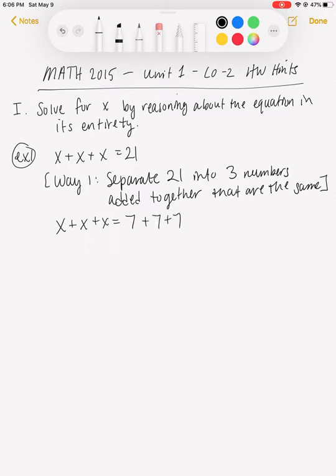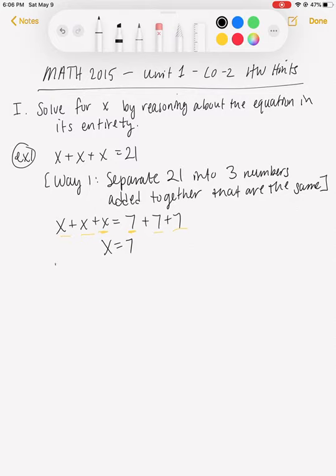So if we have 3 numbers added together make 21, or 3 numbers added together that are the same, then we can deduce that one case for this, like x, is going to be one case for that 7, because they're all the same x's here, they're all the same number here.